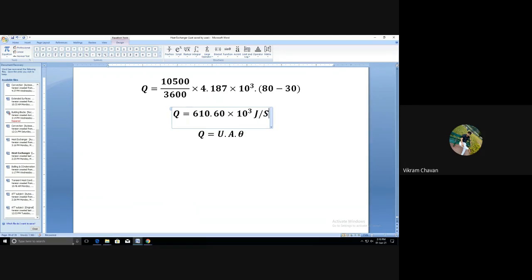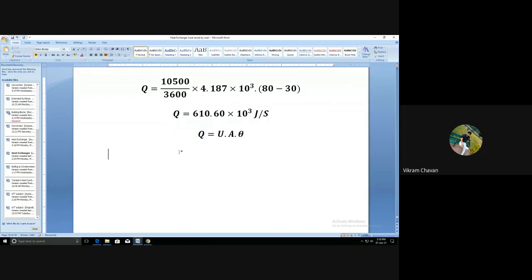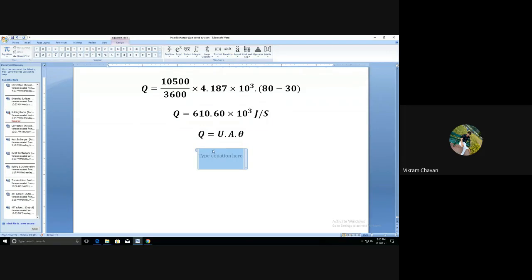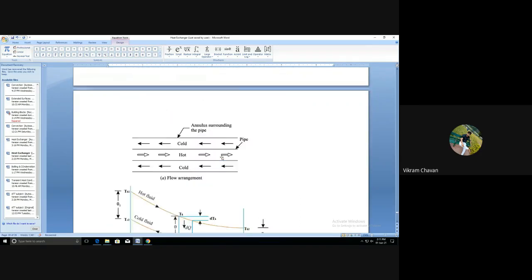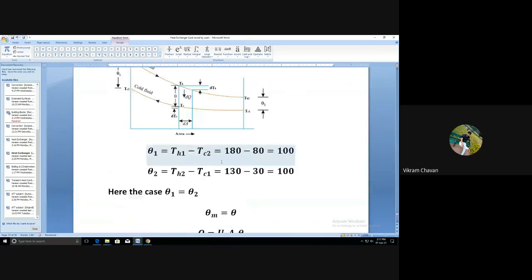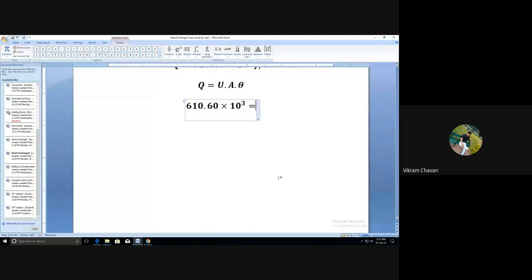Now calculate A. Just put in this particular Q value, which is equal to U. How much is U provided? 814. So put in 814 multiply by area multiply by theta, which is 100.